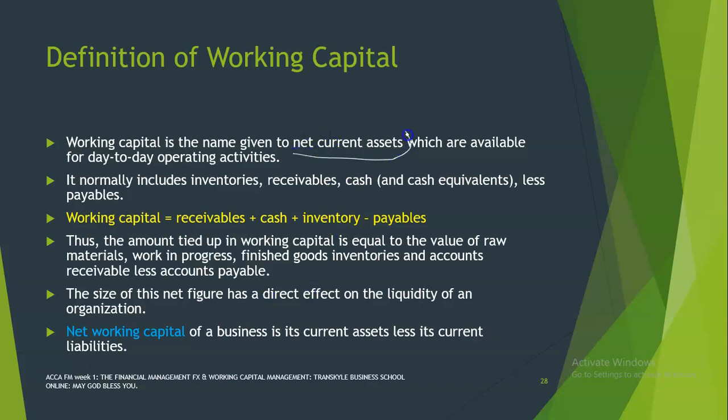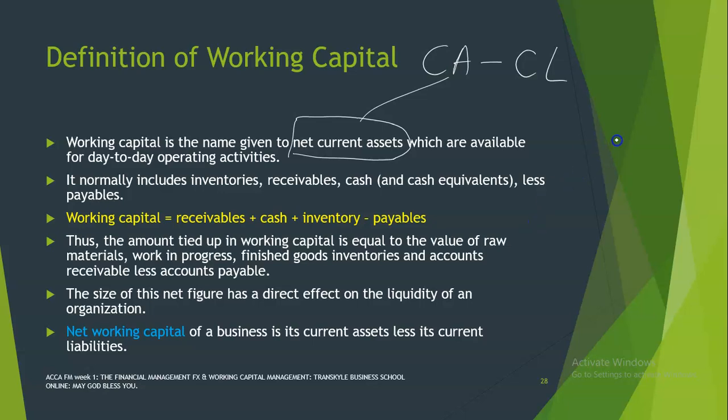When we talk of net current assets, we are simply saying that this is the residual of current assets less current liabilities. So anything that is left there is what is called the net current assets.